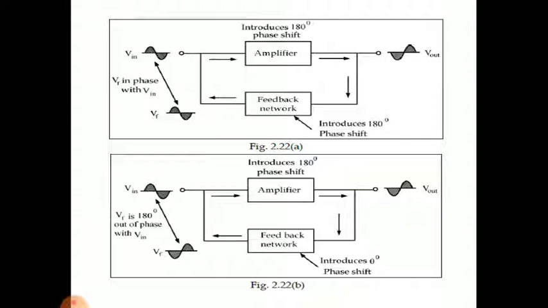And if the feedback network introduces a 0 degrees phase shift, that is no phase shift, then the overall loop phase will be 180 plus 0, that is 180 degrees, out of phase with the input.